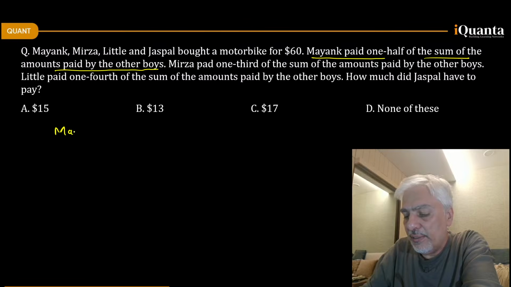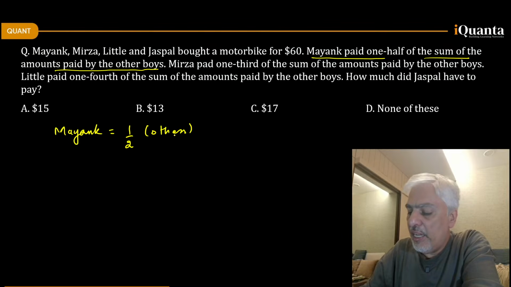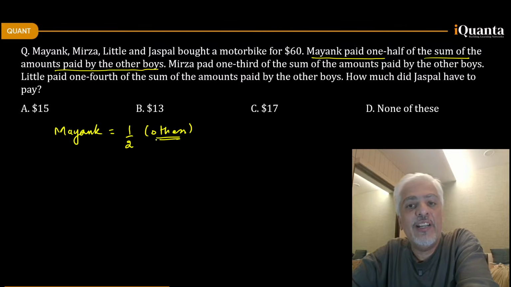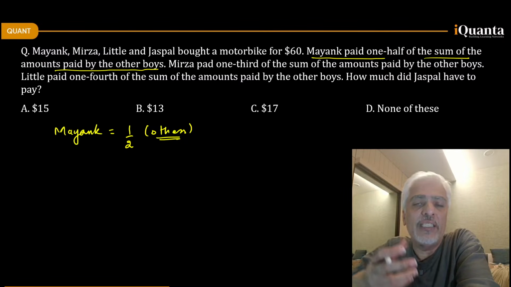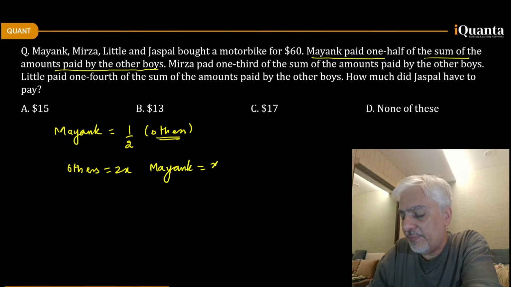Mayank paid half of the others. So just explaining to you. If the others paid 2 rupees, Mayank paid 1 rupee. Or if others paid 2x, then Mayank paid 1x.